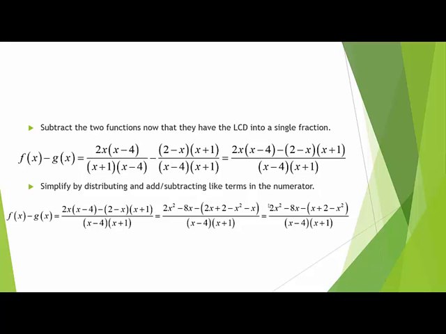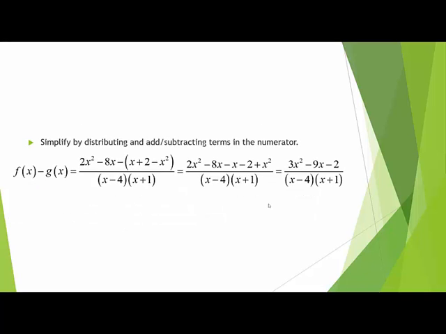Now we just combine like terms inside the parentheses. So 2x minus x just becomes x. So in the parentheses in the numerator we have x plus 2 minus x squared. Furthermore, we have to distribute the negative sign in the numerator.